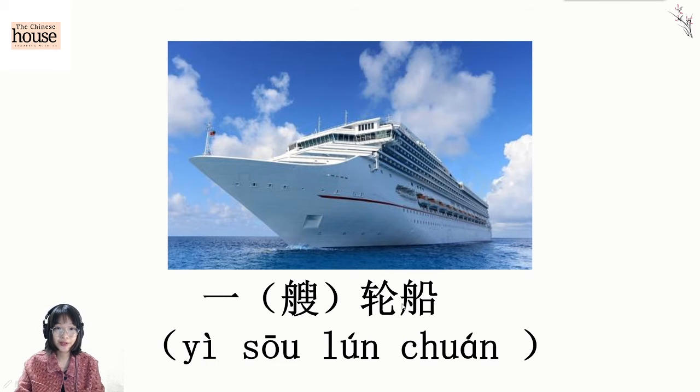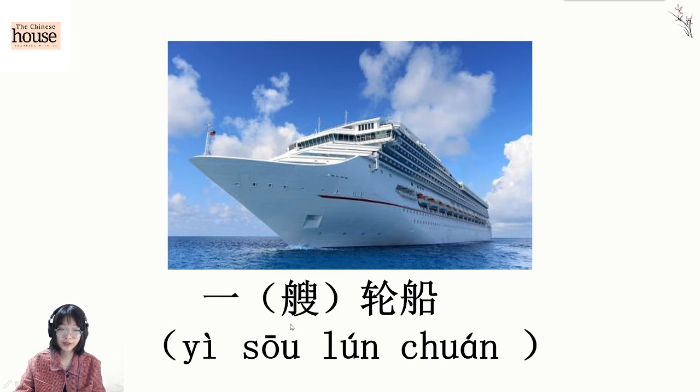And this is a cruise. 一艘轮船. The huge cruise we call 轮船. And there is a 舟 in half of this character 船, which means ship. We have learned 划龙舟. 舟 has the meaning of small boat, dragon boat, and for ship it's 船, and 轮船 is cruise. 一艘轮船.